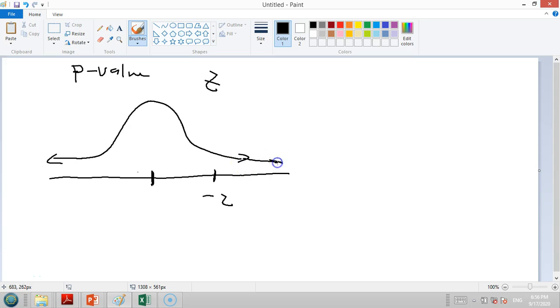And the p-value states, okay, calculate the probability of getting something more extreme. It's positive 2, this is 0, and it's negative 2. So the probability of getting something more extreme is this plus this.